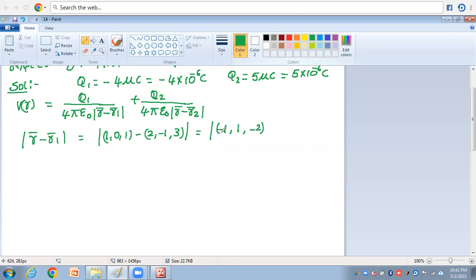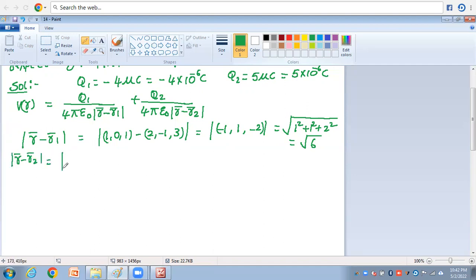So the point with mod, finally root over 1 square plus 1 square plus 2 square. Now the final answer is root over 6, for this R bar minus R1 bar. Then I will go with R bar minus R2 bar.